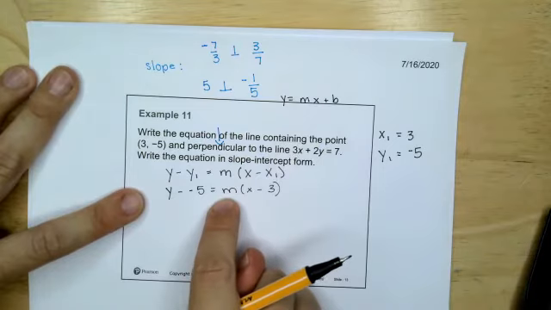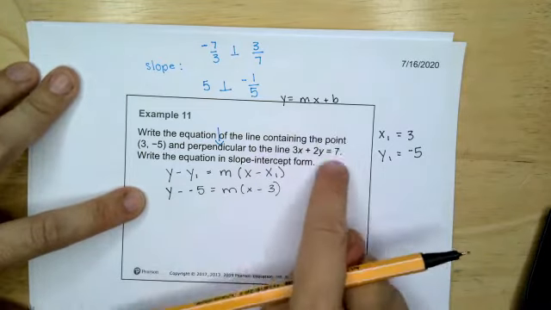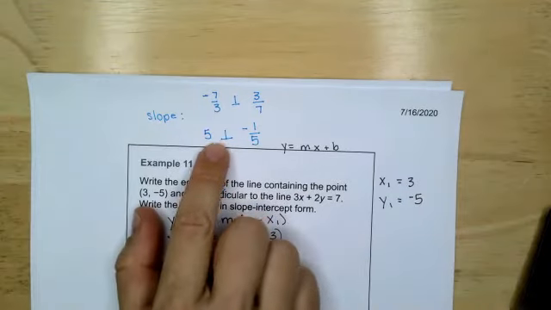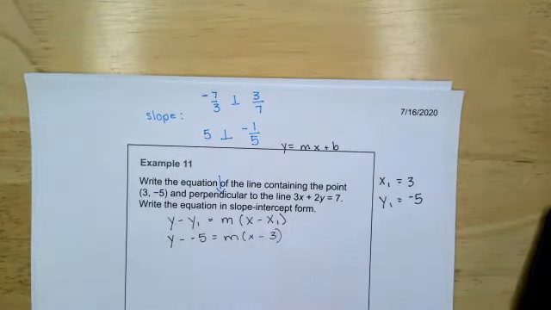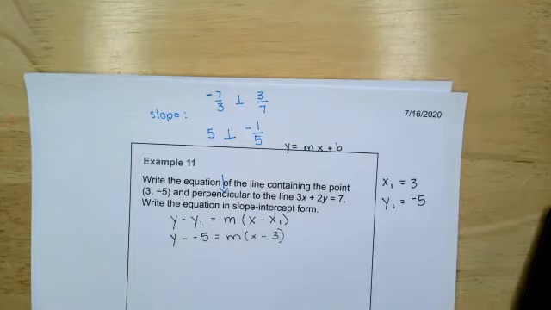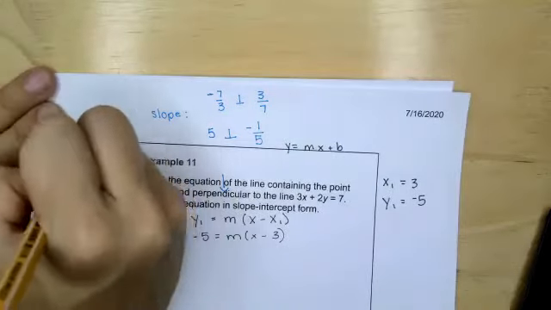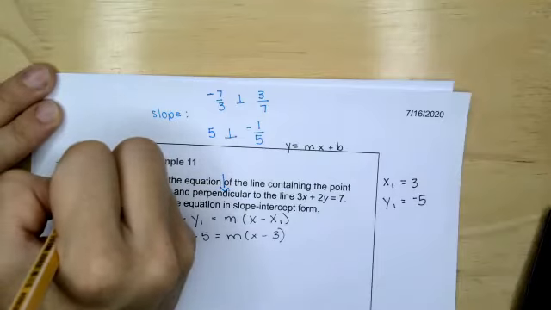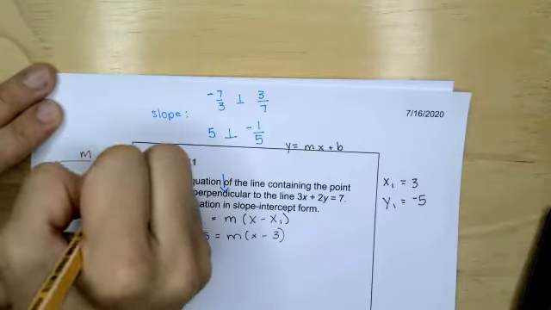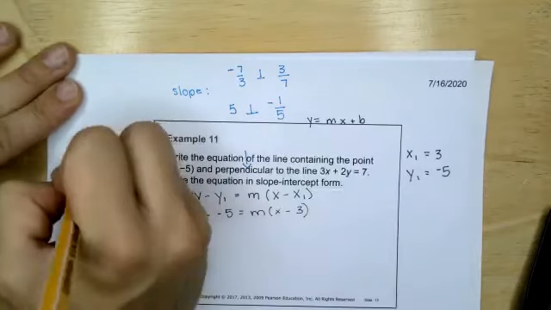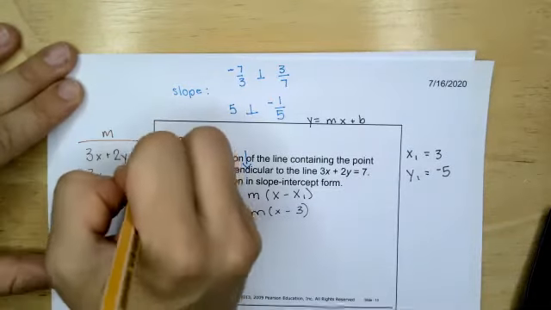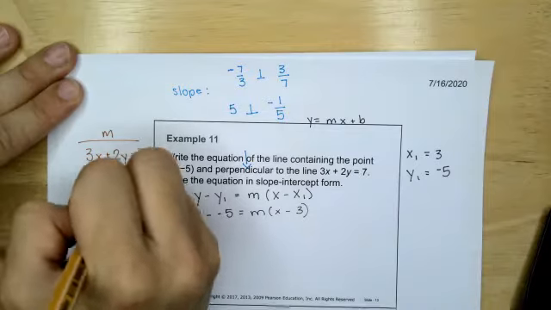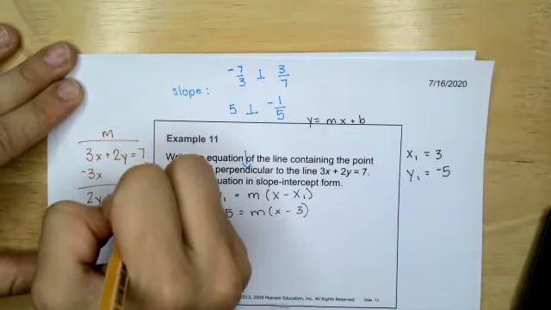So for m, for the slope, I need to use the equation they gave me to find the opposite inverse of this slope. For m, we're going to find the perpendicular to 3x plus 2y is 7. Subtract 3x from both sides. We get 2y equals -3x plus 7.